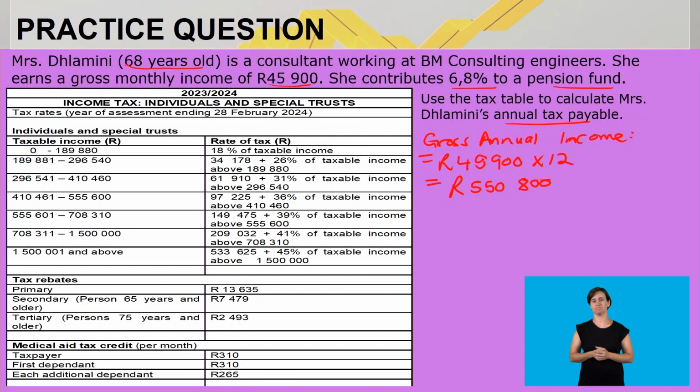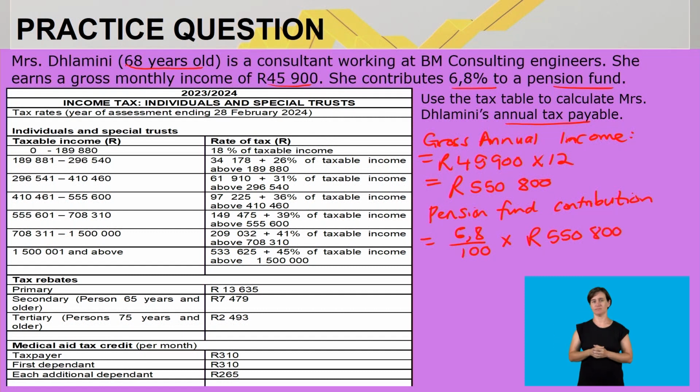Okay, so now, remember she contributes 6.8% to a pension fund. Now let's quickly see what a pension fund contribution is. So therefore I'll take the 6.8% off, which means I multiply it off my gross annual income, that's your 550,800 Rand.